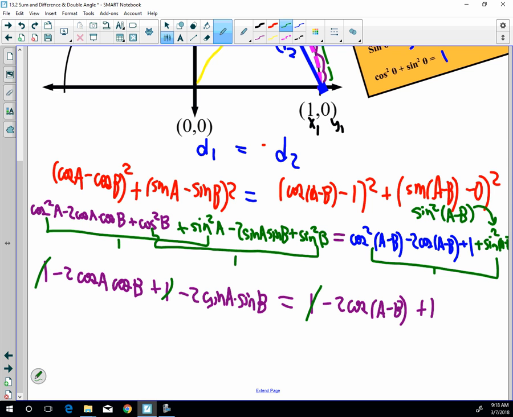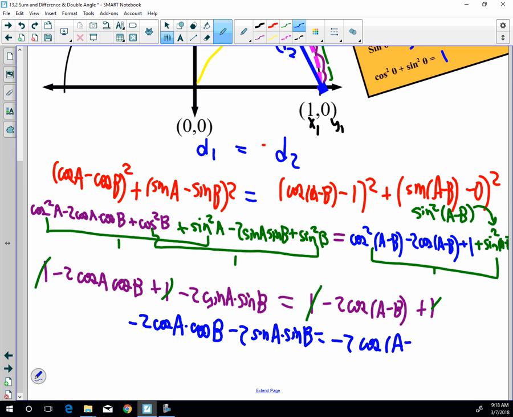Another 1. Yep. So then all that I'm left with is negative 2 cosine A cosine B minus 2 sine A sine B equals negative 2 cosine A minus B. Give you a chance to write that down.